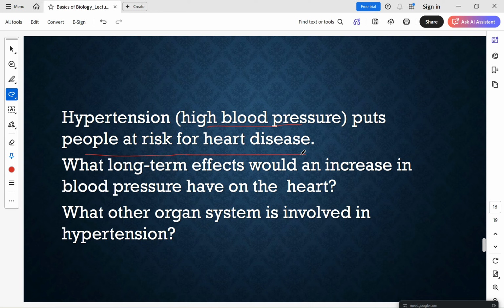If the blood is constantly circulating at a very high pressure than what the body is used to, then it will start damaging the arterial walls, it will damage the capillaries, it will damage different organ systems that are involved.